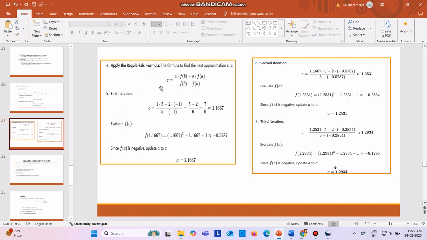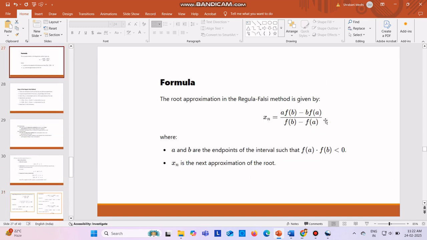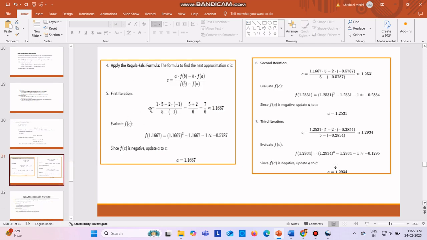Next we are going to find the value of c. I have already given the formula itself: x_n = (a·f(b) − b·f(a)) / (f(b) − f(a)). In place of x_n, I am writing the variable c. We put the values in this formula.